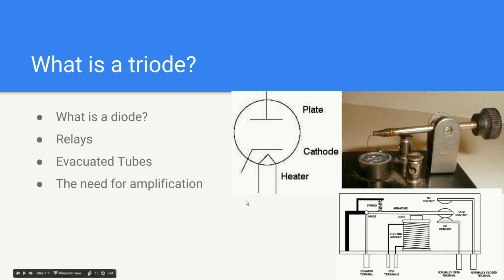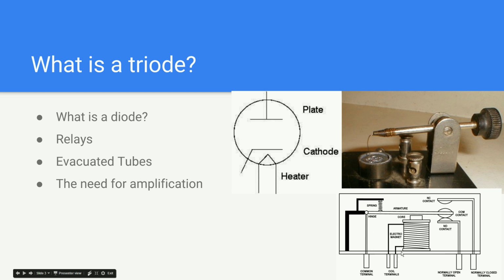Previously, for switching, what they had to do was use a relay down here, where they would have their voltage coming in, and then they would have some wires hooked up to an electromagnet. Whenever the voltage that wanted to be amplified came into here, it would pull this lever closed, completing the circuit between here.